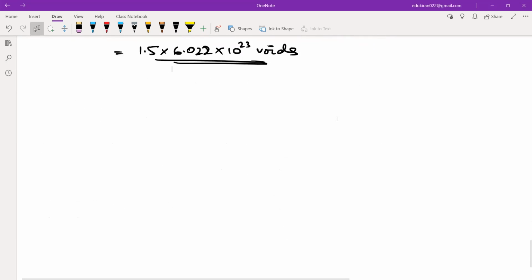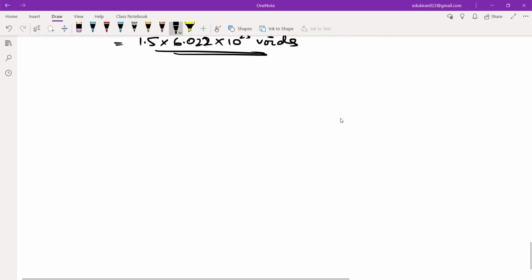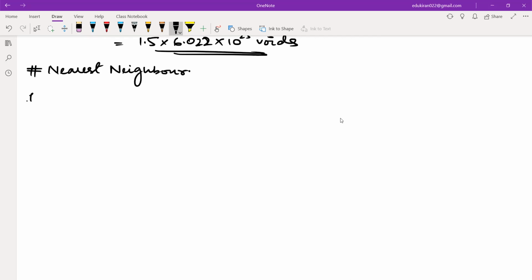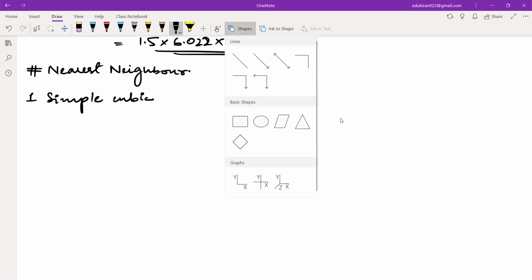Now, there is a small topic: nearest neighbor. So I will talk about the nearest neighbor in simple cubic first of all. So let me make a simple cubic structure.